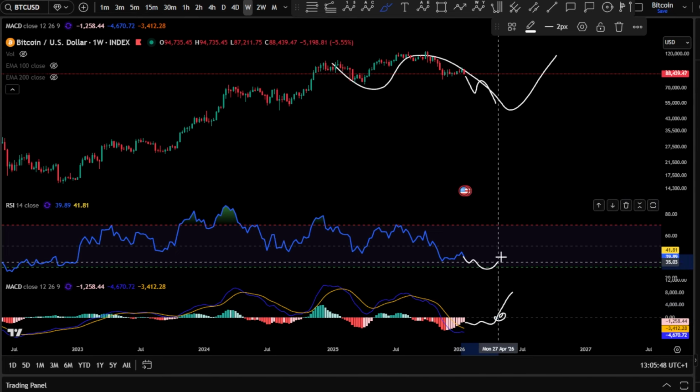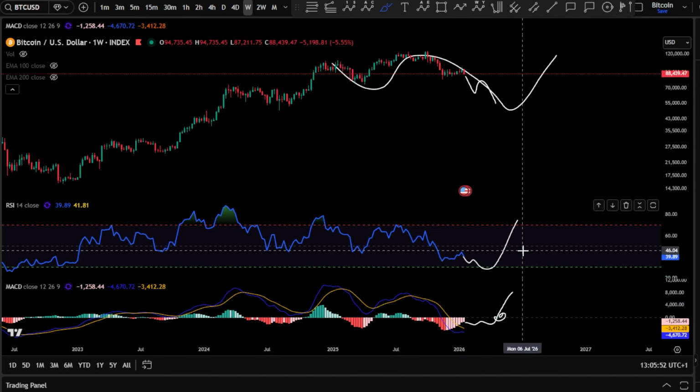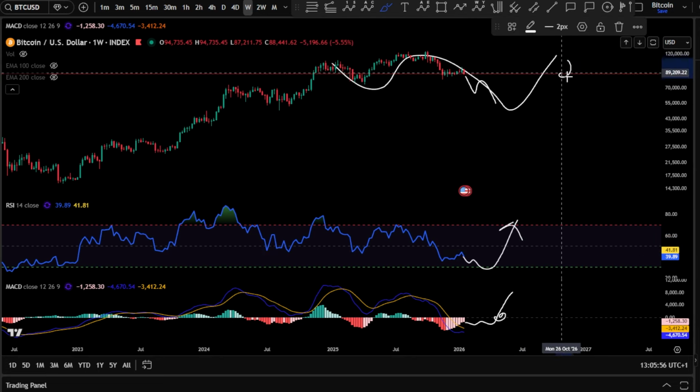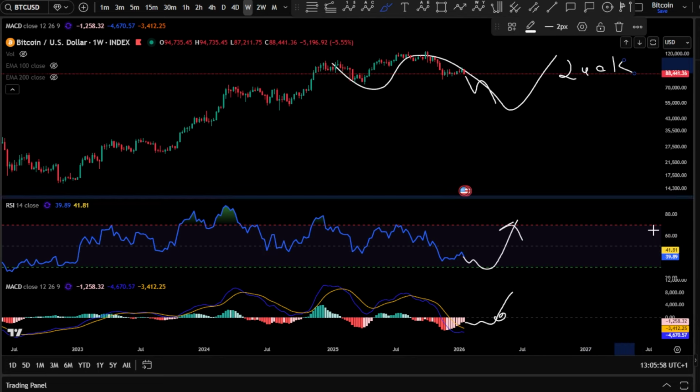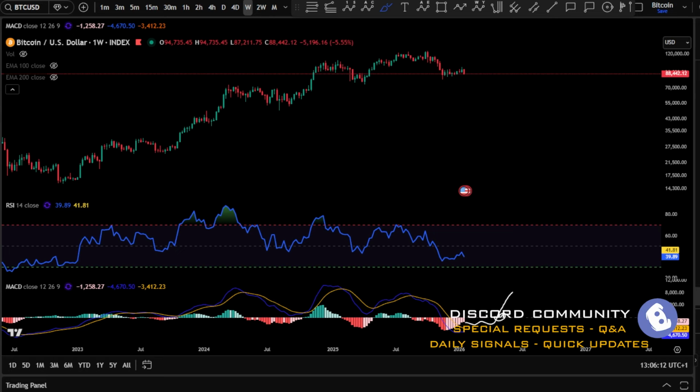This is exactly what I'm looking for on the RSI too: to hit the oversold area on the weekly RSI and then start the bull run towards 200K for Bitcoin. That's very interesting. On the weekly, we are looking at a very nice signal that we might see in the next weeks. So this is regarding the RSI and the MACD from the 15-minute chart to the weekly.